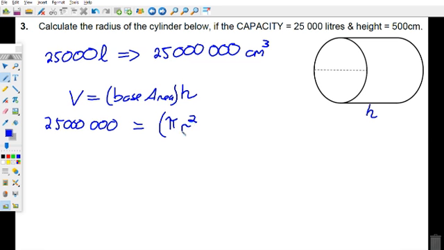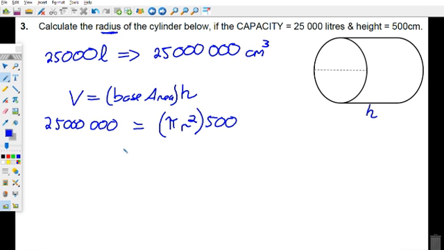Do you realize that r is what we're looking for? We'll calculate the radius. Multiplied by my height of 500 centimeters. So you see, we got centimeters cubed here.